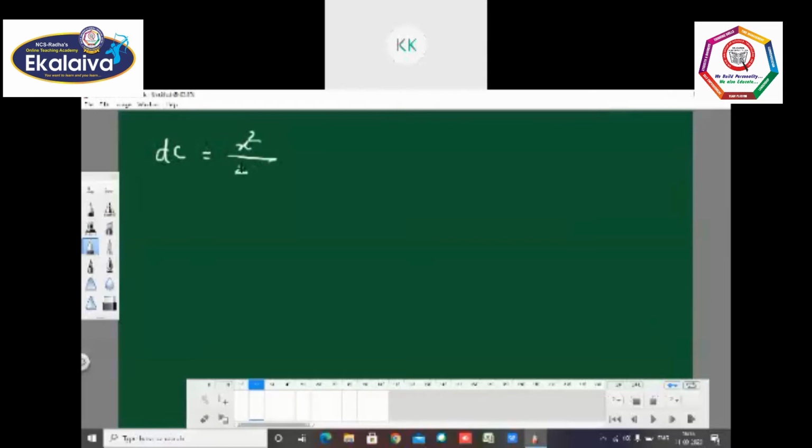So dc equals x square by 200 plus 4 into dx.